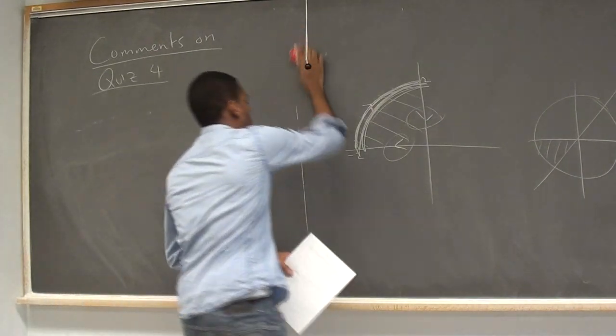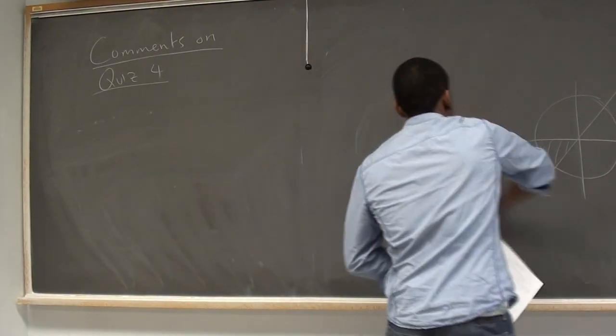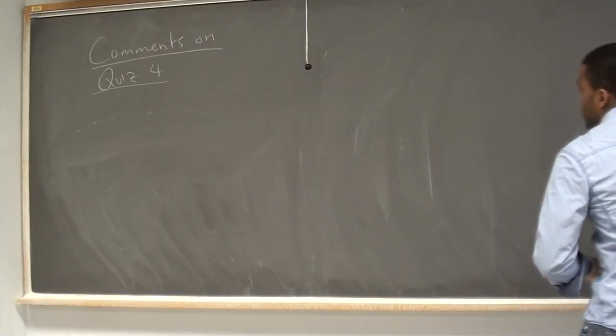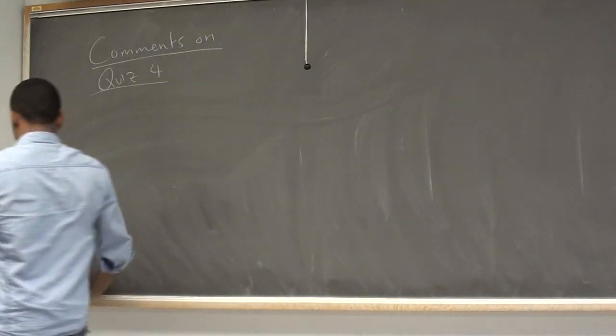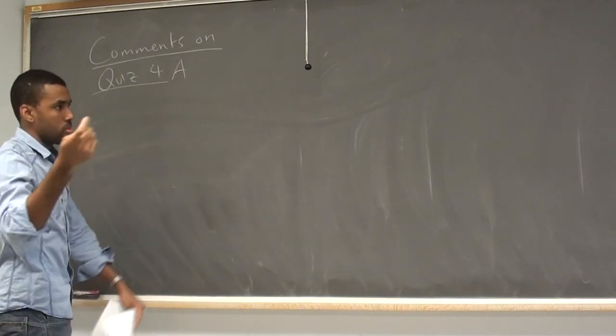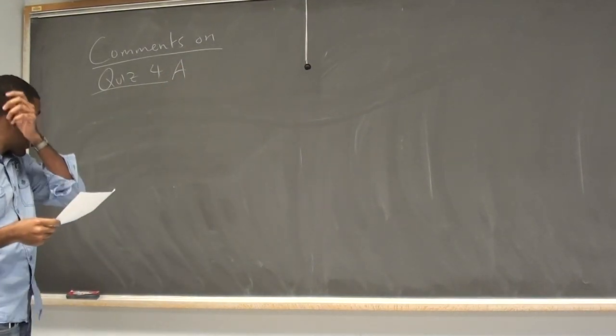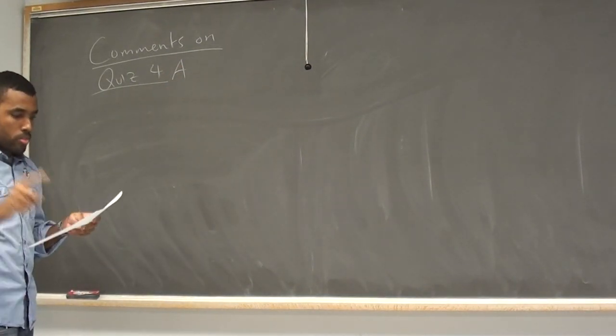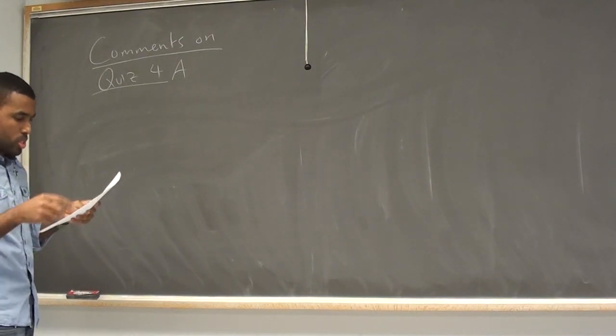Someone asked about the fourth problem, so let me just run through that quickly. Let me do quiz 4A. The other one is very similar. Part A asks for the second quadrant, version B asks for the third quadrant, and the functions are a little bit different.